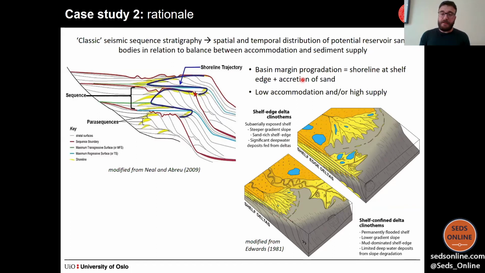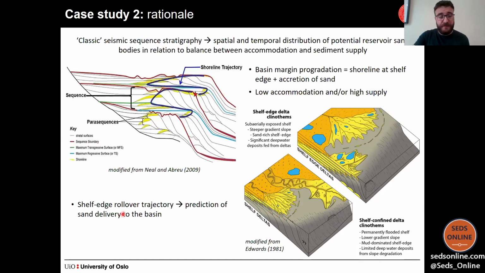This is often linked to periods of low accommodation and high supply, for example during lowstands. Not necessarily always the case, but during lowstands we have low accommodation, perhaps high supply, and then the delivery systems make it to the shelf edge.